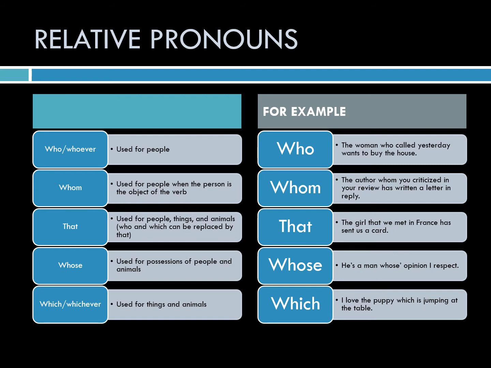You don't ever have to use whom if you don't want to. Who is fine. But whom is used for people when the person is the object of the verb. That is used for people, things, and animals. Whose is used for possessions, as in whose car is it? Whose house is that? Whichever is used for things and animals. And then I've just provided an example of how they're used.